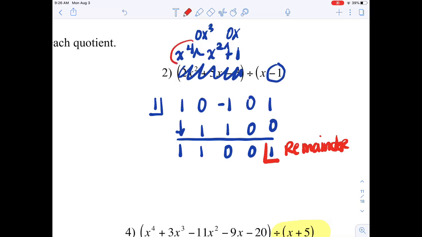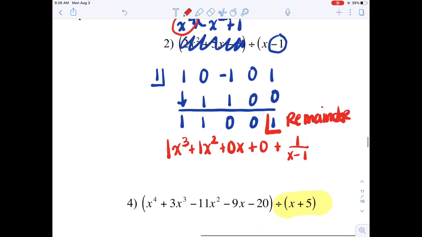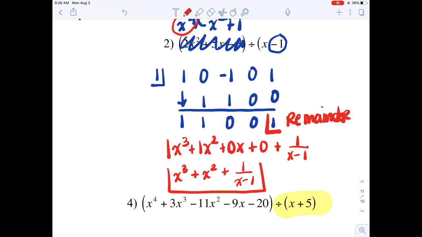The fact that I started with an x to the fourth means my very first term has to start as x cubed. So I have a 1x cubed plus a 1x squared plus a 0x plus a 0. And then I have this fraction, which is a 1 over my divisor, which is x minus 1. If you want to clean this up a little bit, obviously you don't need to show those coefficients of 1. So I have x cubed plus x squared plus 1 over x minus 1.